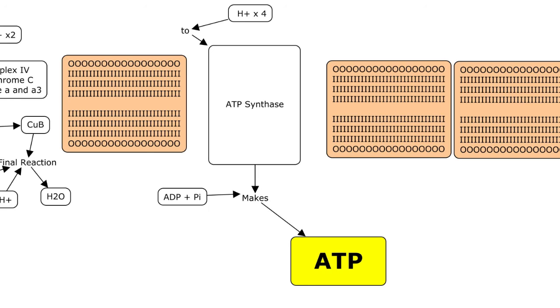It's going to take roughly 4 protons to go through the ATP synthase, and that's going to cause it to spin and give us enough energy to create an ATP from an ADP and an inorganic phosphate. And that's really how we're generating most of our ATP.